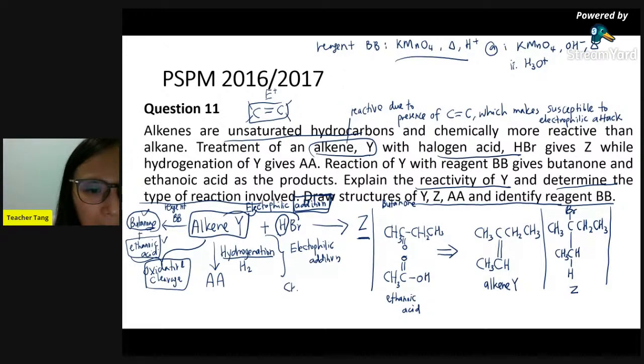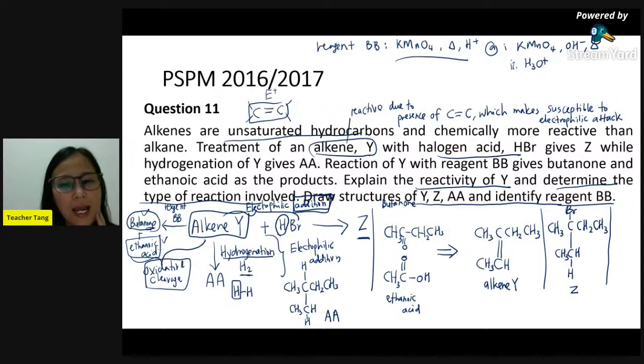CH3, CH2, CH3. So sekarang, the double bond becomes single bond. And our electrophile adalah hydrogen. So setiap hydrogen atom bagi one side. So this is your AA.